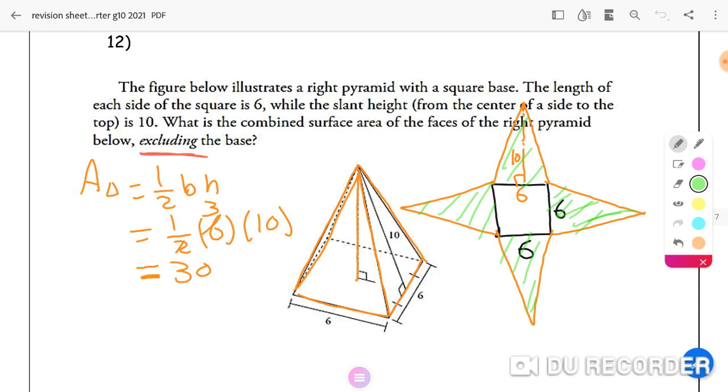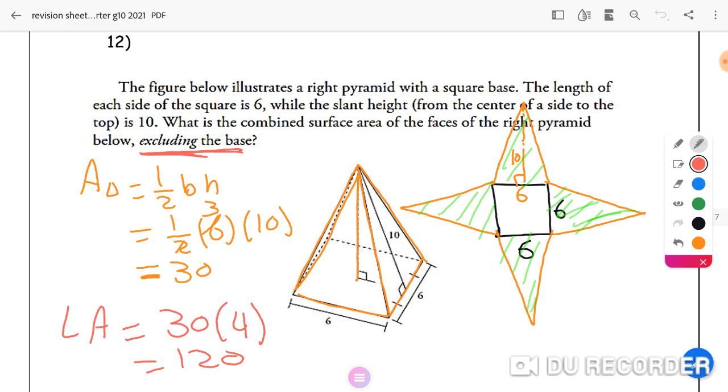So the surface area excluding the base, which is the lateral area of this pyramid, equals the area of one triangle, which is 30, multiplied by 4, which is the number of identical triangles that form this square pyramid, of course, with the base. It will be 120 units squared. This is the area of this pyramid excluding the base.